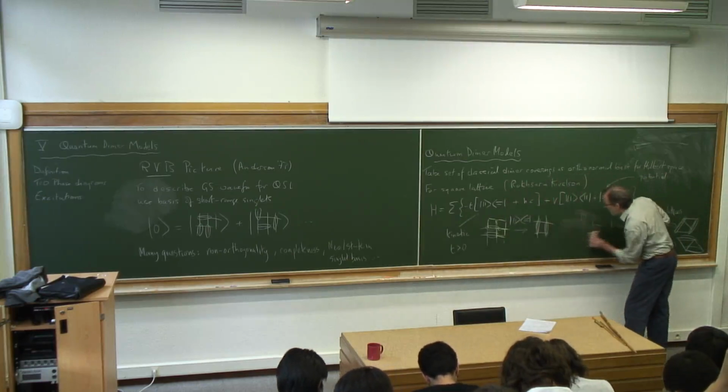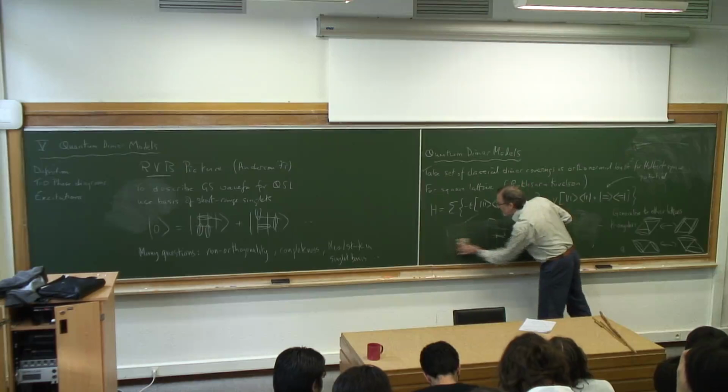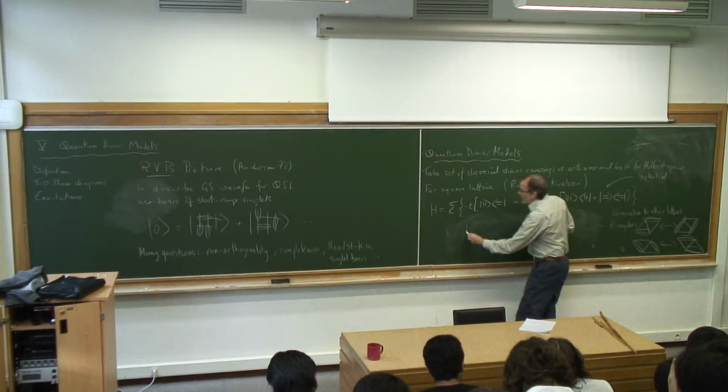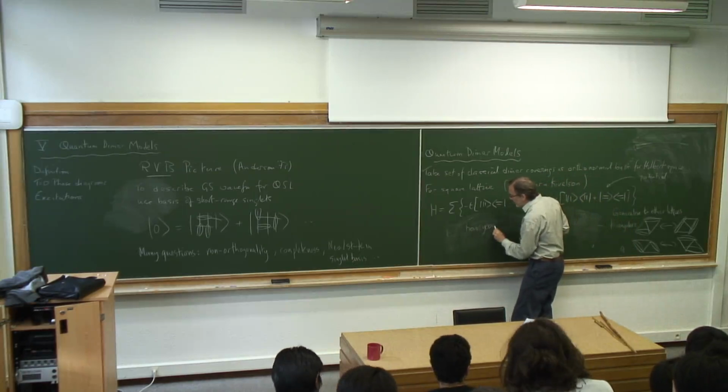And for the honeycomb lattice, the natural thing to do is to take resonances around hexagons.